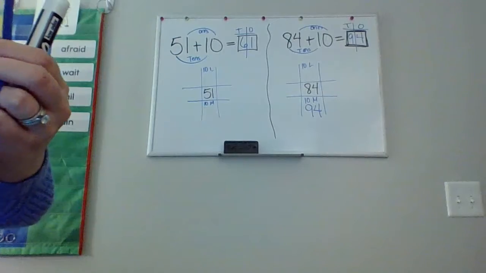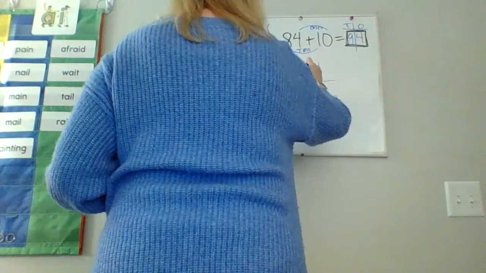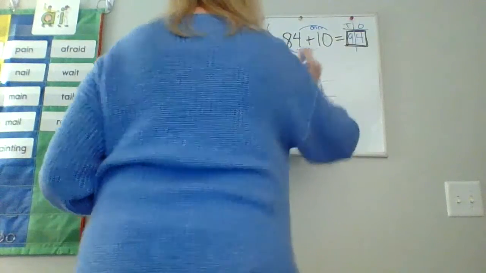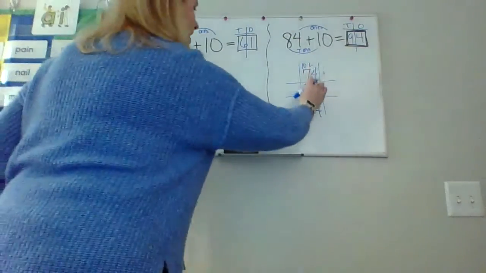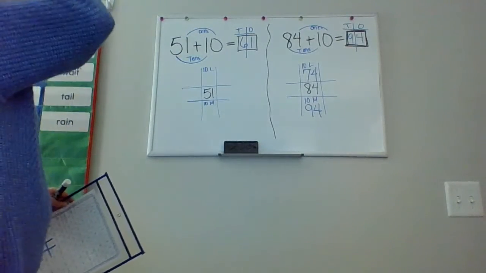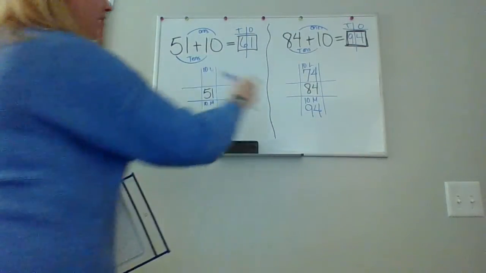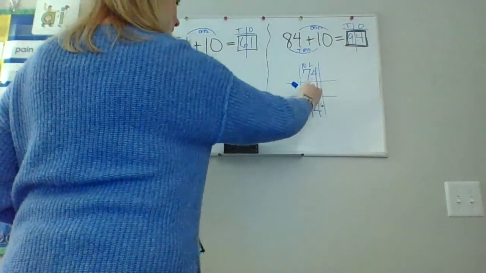74. 10 less is 74. Okay? 7, 8, 9. You're adding the tens. We're going to talk about one more, one less in a couple weeks, but 74, 84, 94.